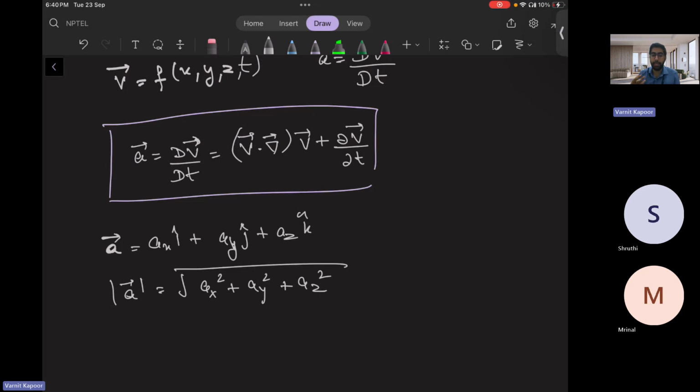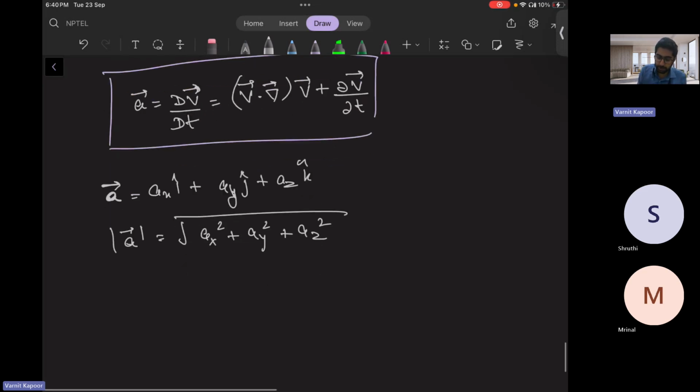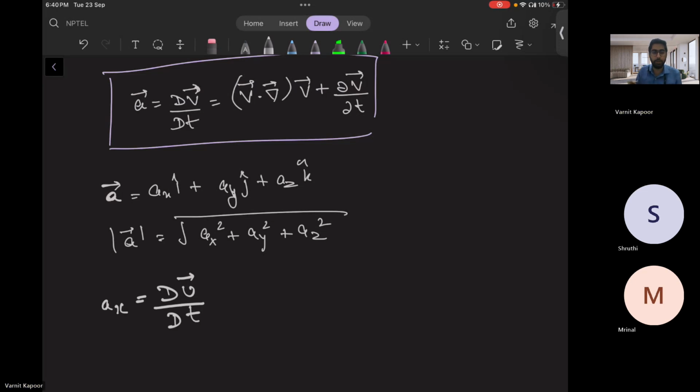So how will you write this component a x? a of x is nothing but du by dt, because the velocity component in the x direction is u. Okay, du by dt. a of y will be dv by dt, and a of z is dw by dt. All right.